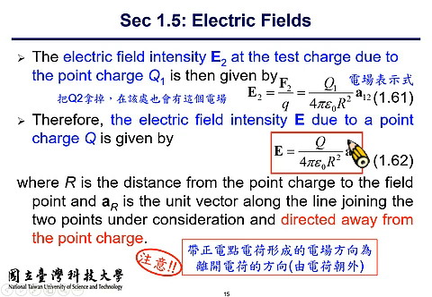Okay, so here are some closing remarks about today's lecture. So if you compare Coulomb's law and the electrical force equation, you can identify the electrical field intensity of a point charge.